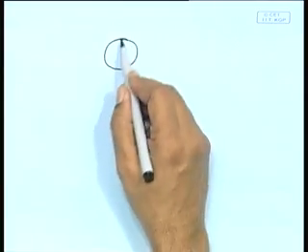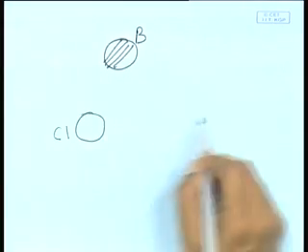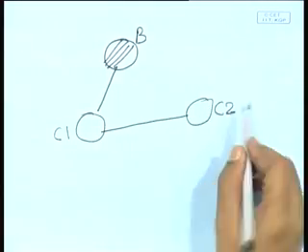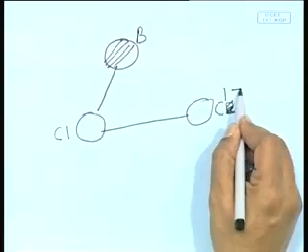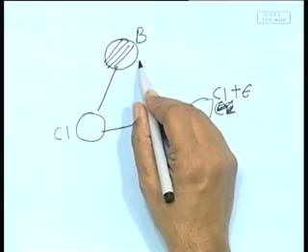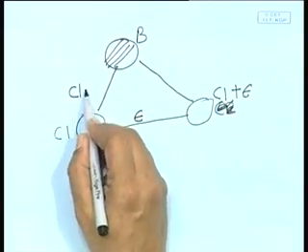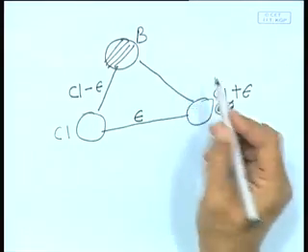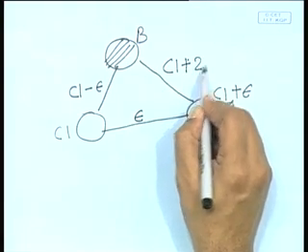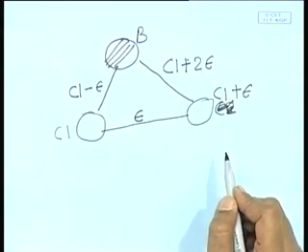So let's assume one is the Byzantine clock, and we have one clock C1 and another clock C2, and this sends C2, we will use it as C1 plus epsilon. That will simplify it. So we will use this clock's value as C1 plus epsilon, and the Byzantine clock will send here C1 minus epsilon, and to this it will send C1 plus 2 epsilon.